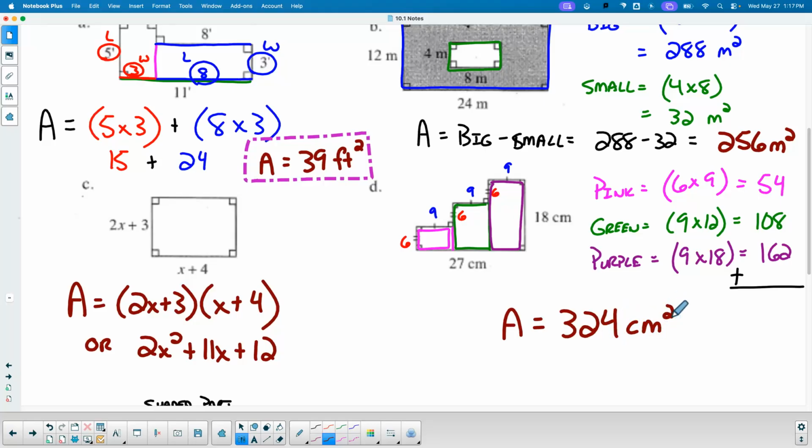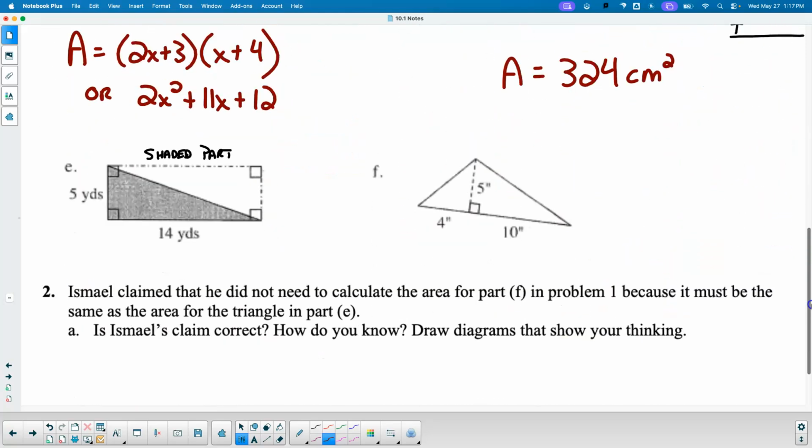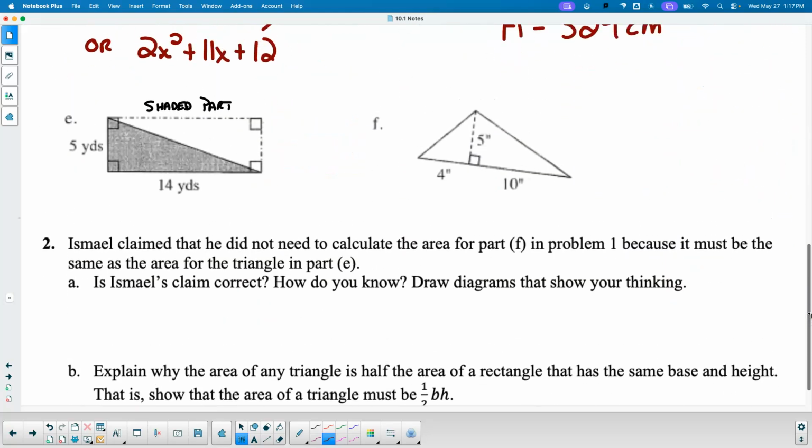Questions on any of those three so far? How much of the rectangle do we have?